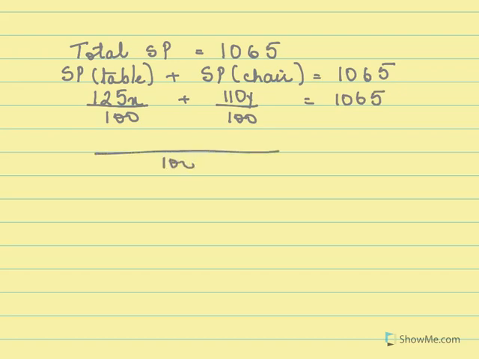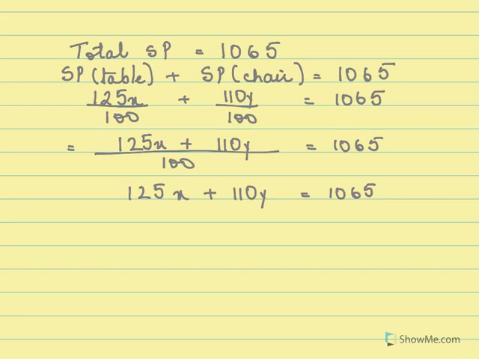And if we take the LCM, this is 100, so you have 125x plus 110y equal to 1065. And so 125x plus 110y equal to 1065 into 100, which is 106500.